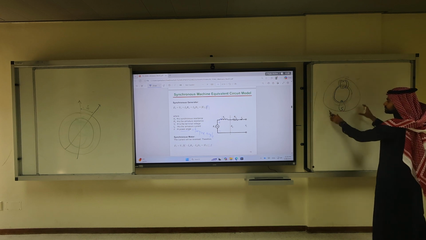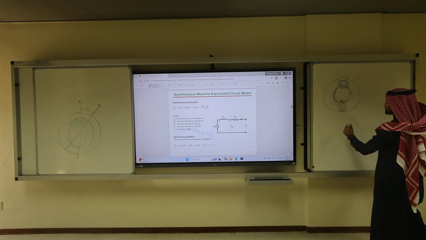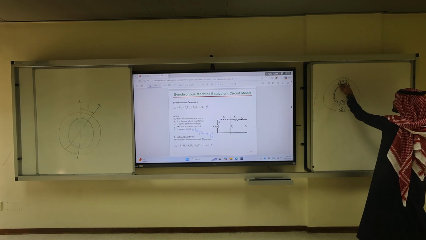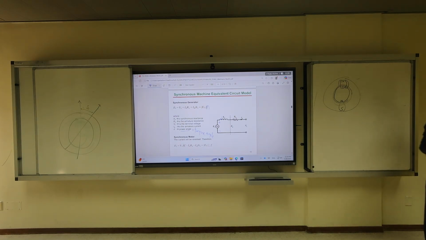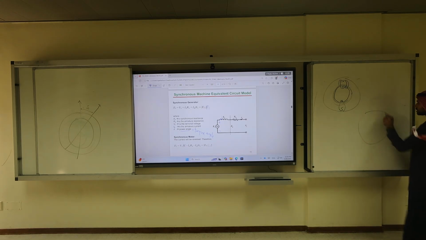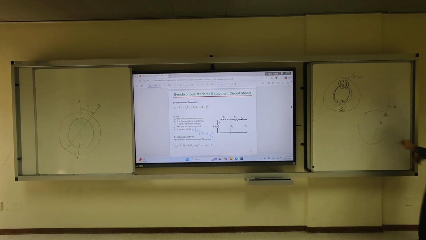No, here there is nothing. Here there is a set of windings. When this rotates, these magnetic flux lines, the poles will change their locations. At another instant of time, the north peak will be here. South peak will be here. Now here delta is 0. Here delta is 0. Now this is a synchronous machine.